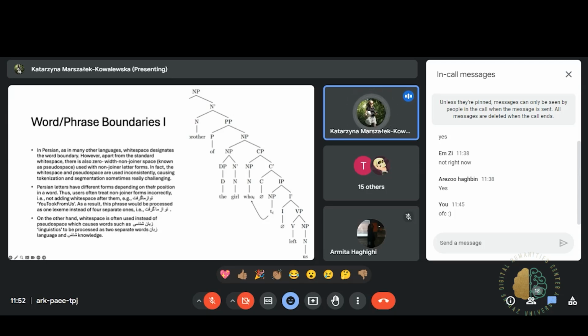So this is the way it should be written properly, according to all the orthographical and grammatical rules. This is how people sometimes use it. On the other hand, white space might often be used instead of pseudospace, which can cause multi-word expressions, which we're also going to talk about, such as Zabon Shinosi, linguistic, to be processed as 2 separate words instead of one.